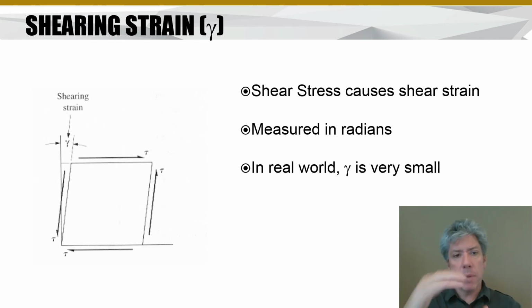Because the top and bottom are parallel and the sides are parallel, but we don't have 90-degree angles at the corners anymore. So that's shearing strain, and it's defined as gamma. That's how we measure the amount of shearing strain. And understand that the strain we were talking about before, epsilon, is always caused by normal stress, but the shearing strain is always caused by shear stress.